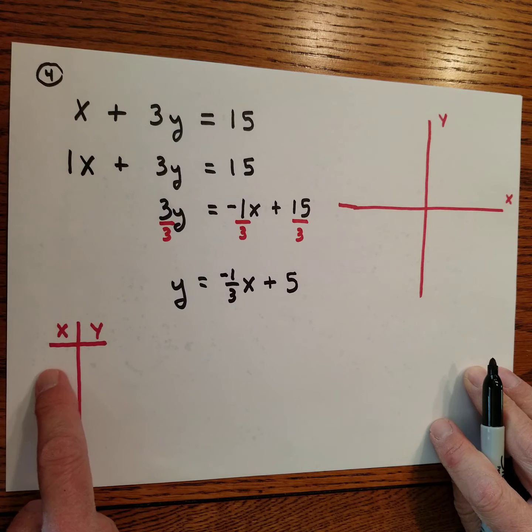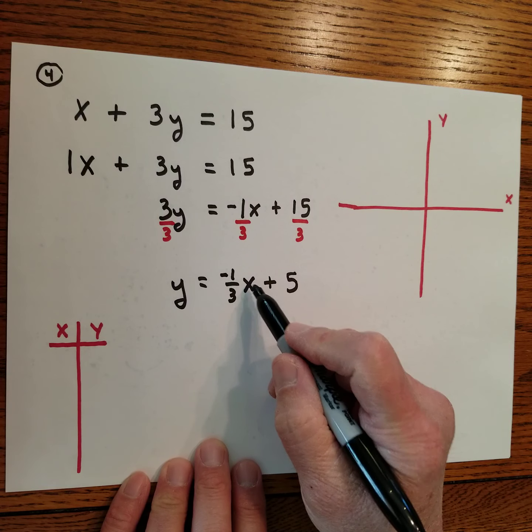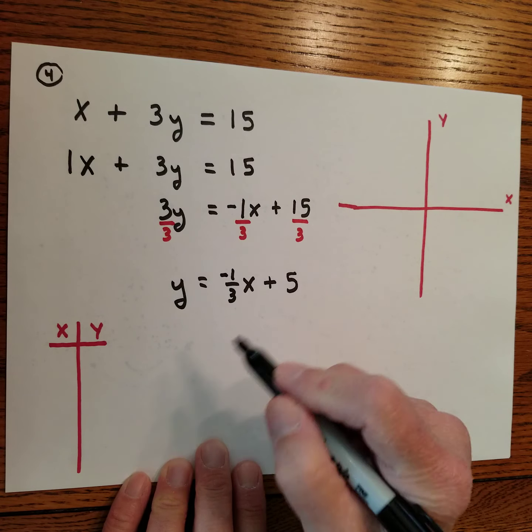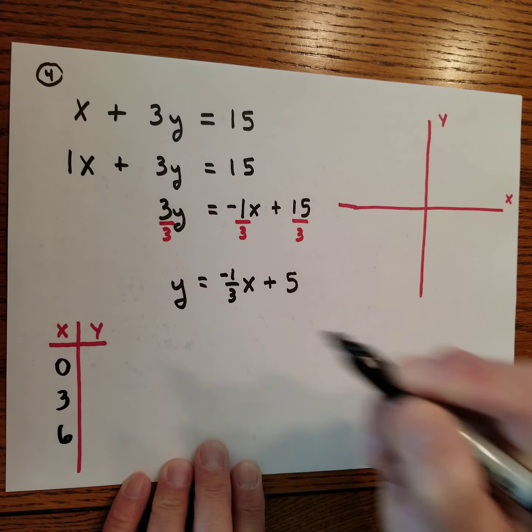Now let's choose smart x's. When I have a fraction in front of the x, I skip count by the denominator. The denominator is 3, so I'll use 0, 3, and 6.